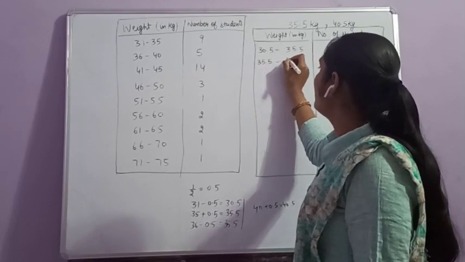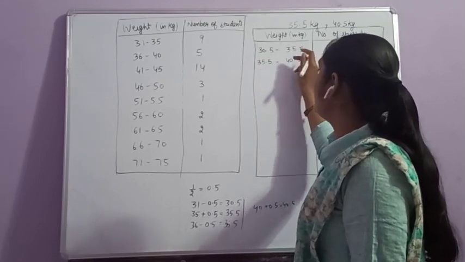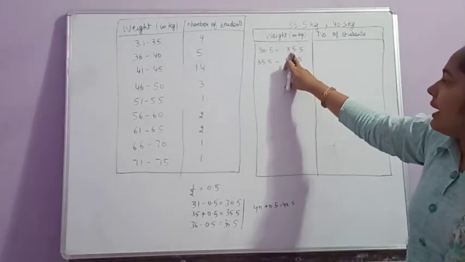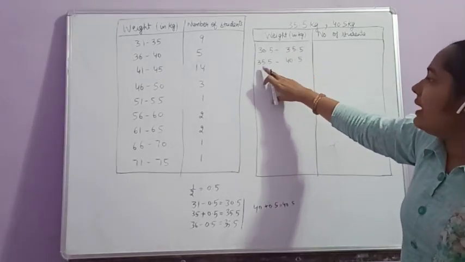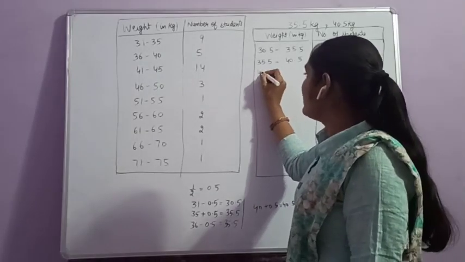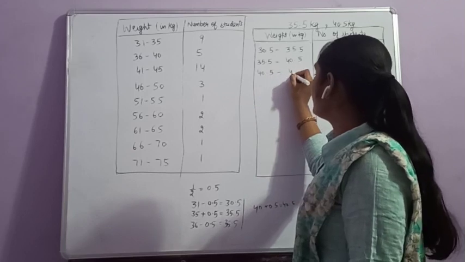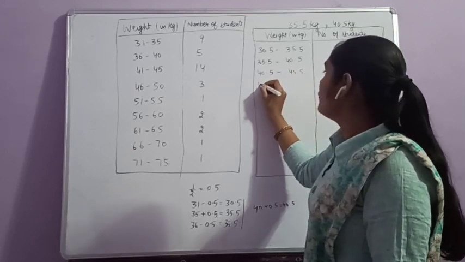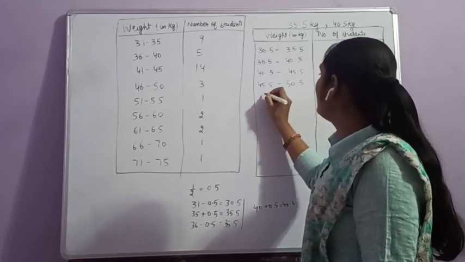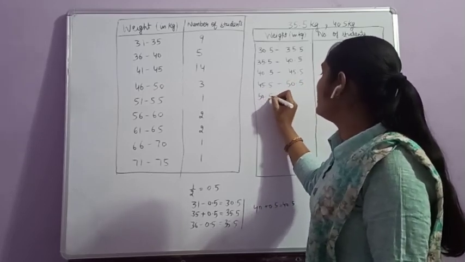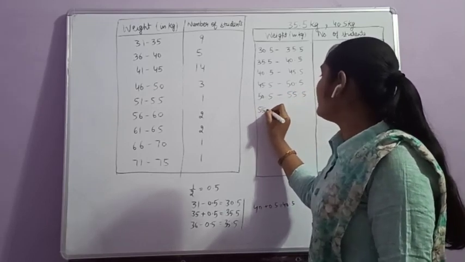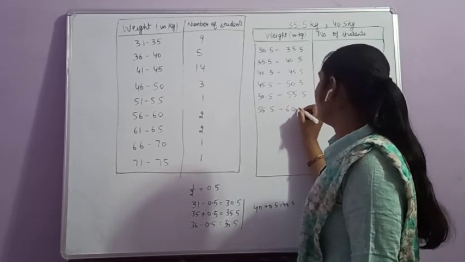35.5 to 40.5. Here we can see that the upper limit of one class interval and the lower limit of the next are equal. Clear? Similarly, next will be 40.5 to 45.5, 45.5 to 50.5, 50.5 to 55.5, 55.5 to 60.5.